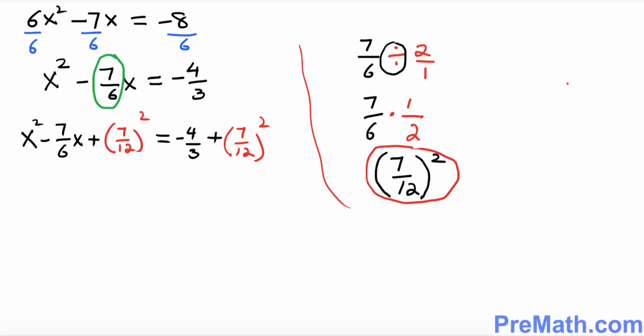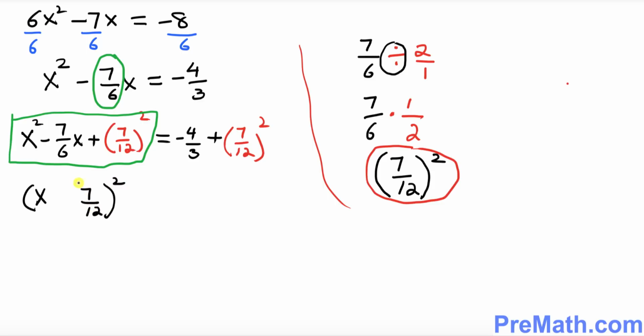If you look at the left hand side, this represents a complete square of x on this side and 7 over 12 squared on this side. You might be wondering what sign is going to be in between them. Whatever this sign is, you put it right up here.